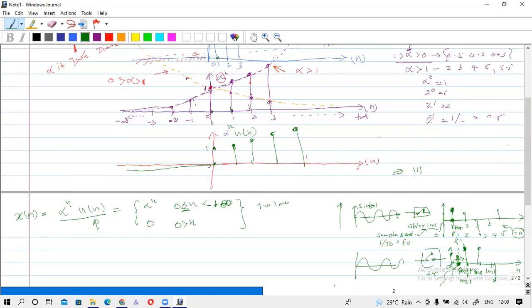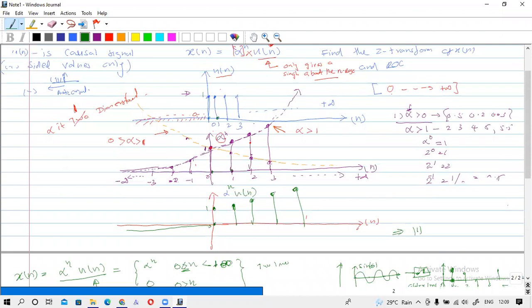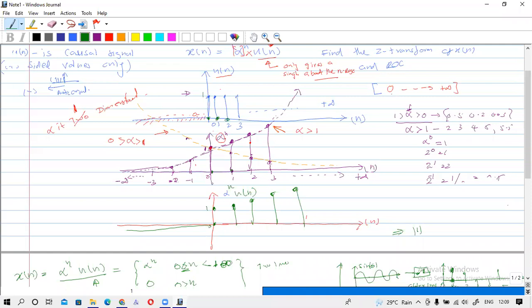What I want to tell you is that if this n has one sampling frequency and that n has another sampling frequency, you can't simply multiply them. You have to give a delay and then multiply. But when we are given this kind of function, we can always assume that these samples and these samples are superposed on each other.